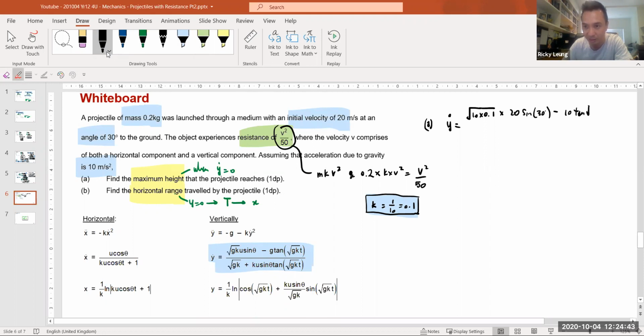So that's 10, root 10 times 0.1 again, t, bracket, all over root 10 times 0.1, plus, now k is 0.1 times u, which is 20, sine 30, 10 of this guy again.